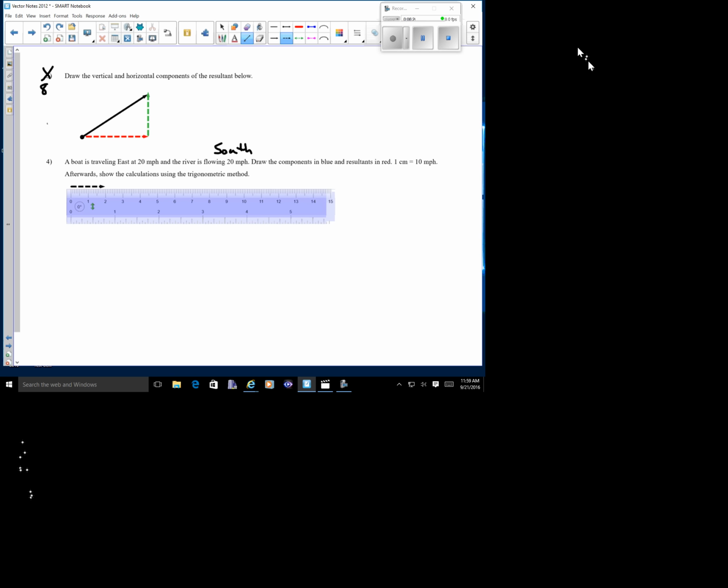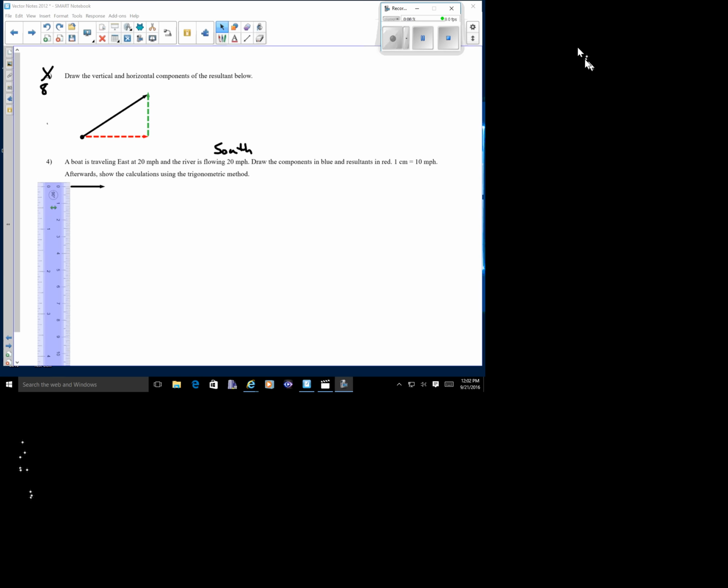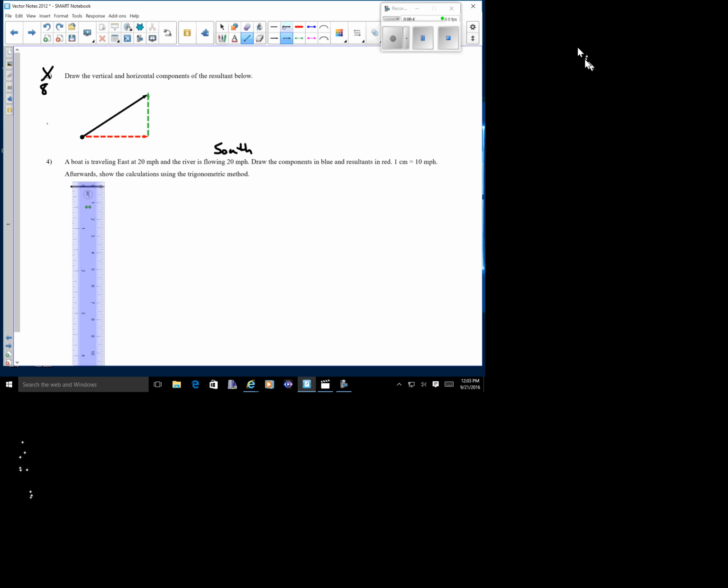Anyway, you got your river going south here. That's a little bit long. And so the resultant is going to now go from the tail of the first to the head of the last, something like this.